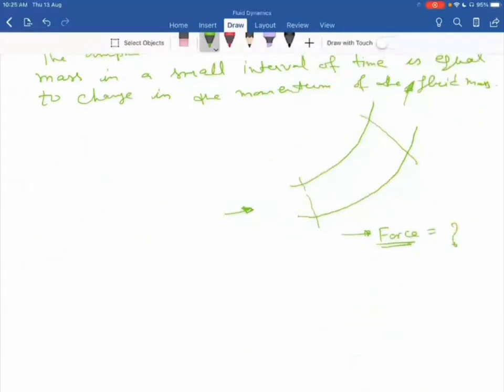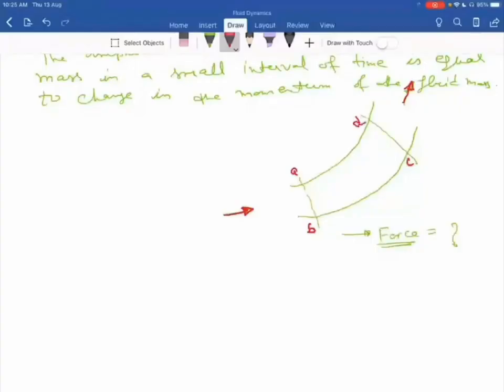Now say we have this pipe, and liquid enters from this side and leaves from this side. This section is AB and this is CD. At the entrance, the normal velocity V1 makes angle theta 1 with the horizontal. Similarly here, the velocity V2 makes angle theta 2 with the horizontal.